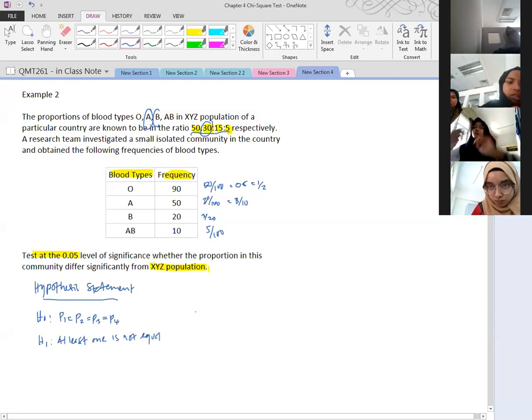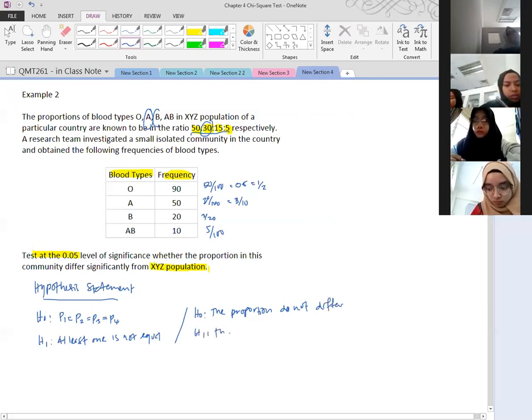Or we can say the null hypothesis is that the proportions do not differ, and the alternative hypothesis is that the proportions differ. I choose the first one. The best is the first one.